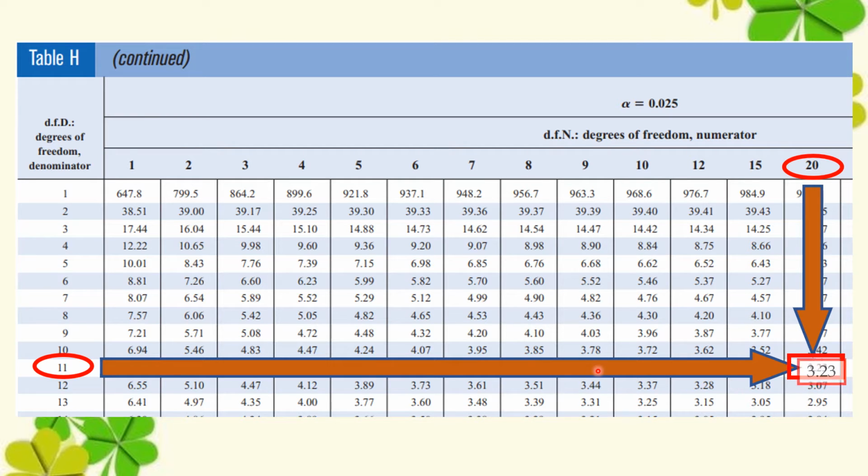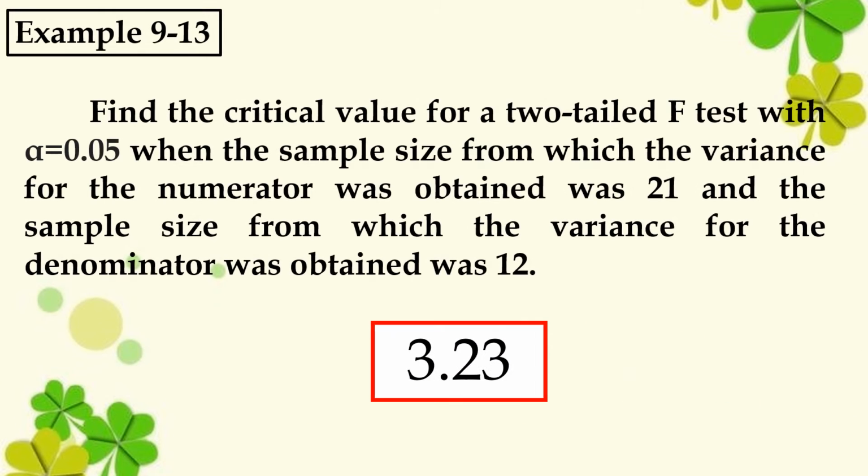Therefore, the critical value is equal to 3.23. Or the critical value for a two-tailed F-test with alpha 0.05 when the sample size from which the variance for the numerator was obtained was 21 and the sample size from which the variance for the denominator was obtained was 12 is equal to 3.23.